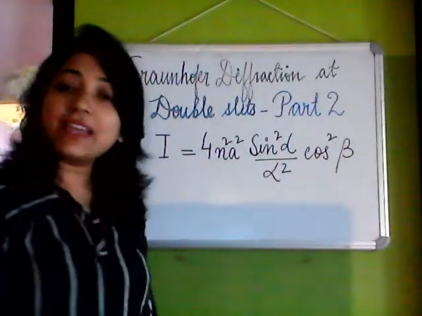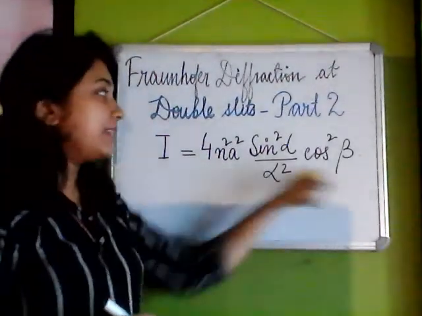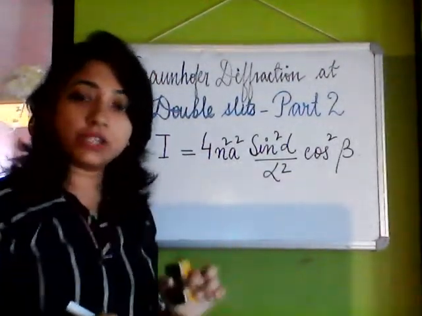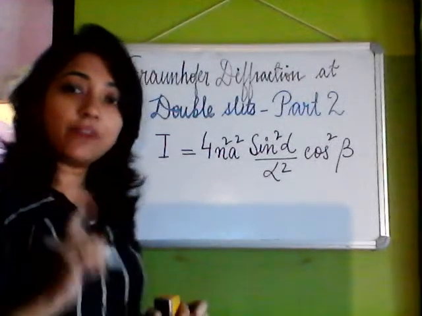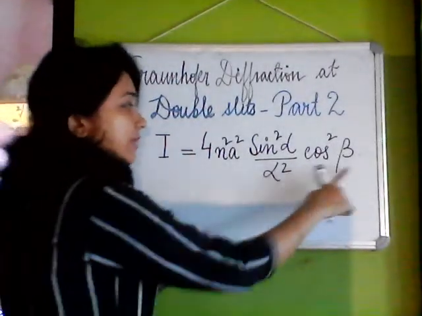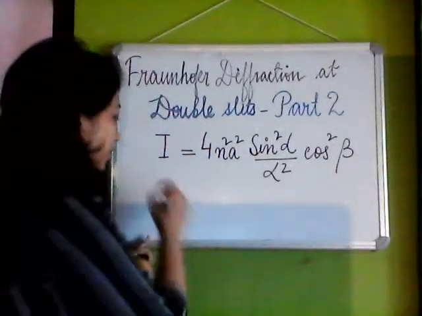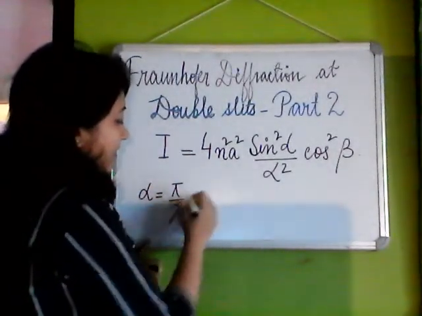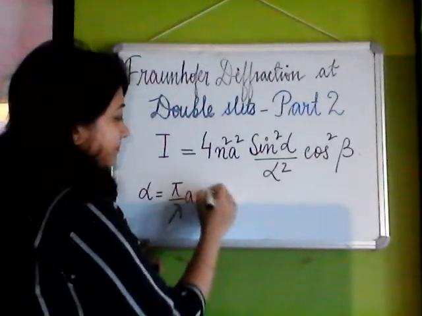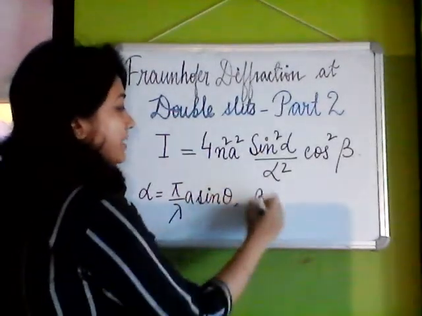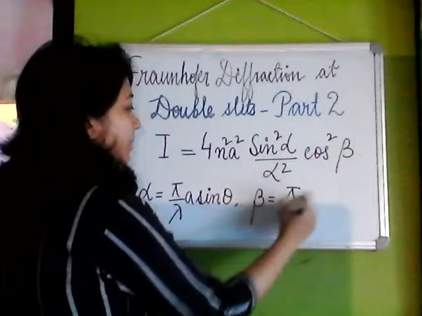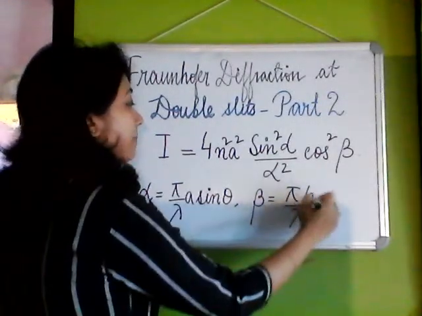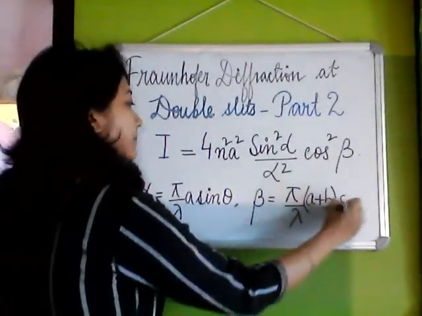Now, as I always tell you, whenever we write this kind of equation, we need to write down the individual values of alpha and beta. So, what was alpha? Remember, alpha was pi by lambda a sine theta, and beta was pi by lambda (a plus b) sine theta.